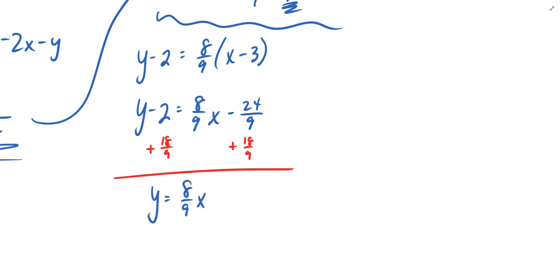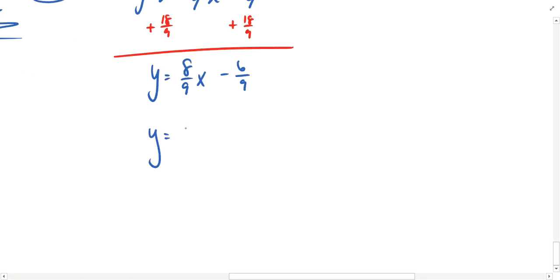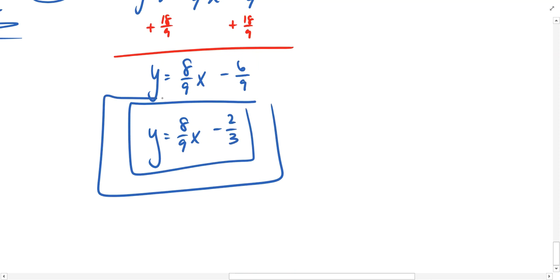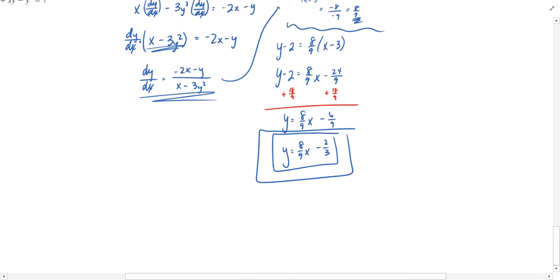And that ends up being negative 6/9, and when simplified, we have 8/9 x minus 2/3. And there's the answer that we're after. It took us two or three intermediate steps, but we finally got there.